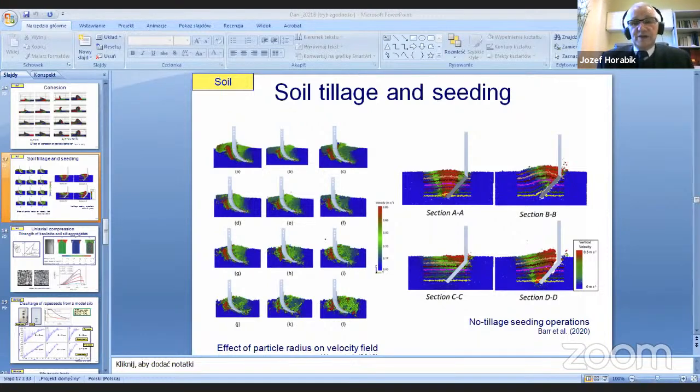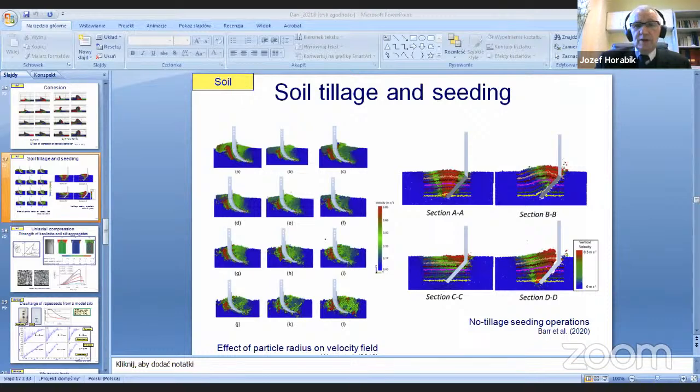And now let us shift to another process, the storage of granular materials. The simplest process is the discharge of seeds from the silo. For dry seeds, the elastoplastic contact model is applied. For wet seeds, the viscoelastic contact model.